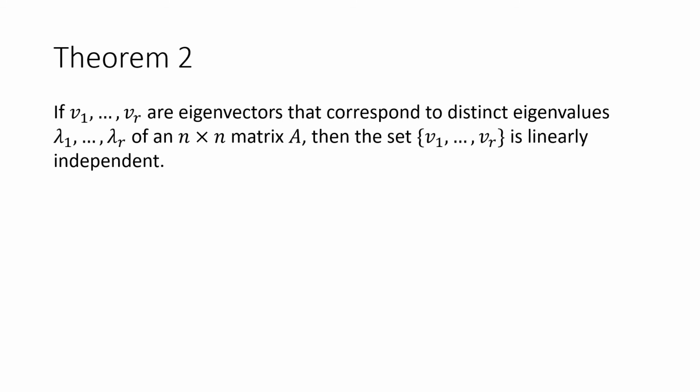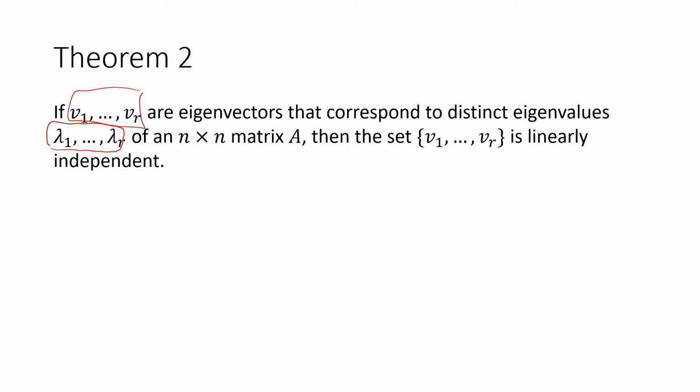Okay, now theorem 2 talks about these eigenvectors. One of the important properties of eigenvectors is that they are actually going to be linearly independent. Now, when I talk about the set of eigenvectors, if you have your eigenvalues, take one eigenvector that corresponds to each of those eigenvalues.